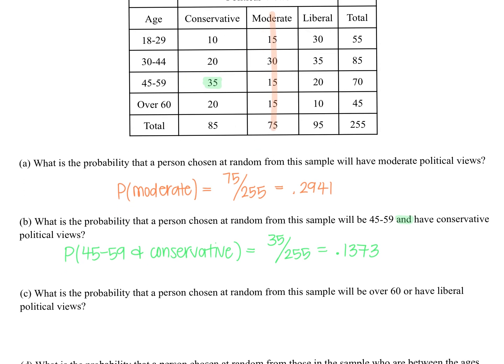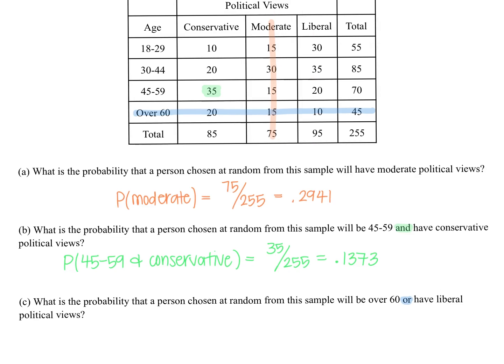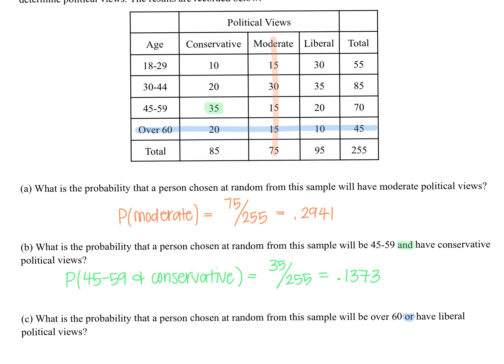The next one says, what is the probability that a person chosen at random from the sample will be over 60 or have liberal political views? So or means we care about the total from each of those, that row and column, so over 60, and then the liberal. But when we do an or, we have to remember to subtract the overlap, which in this case is 10.